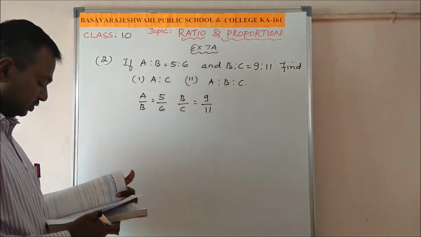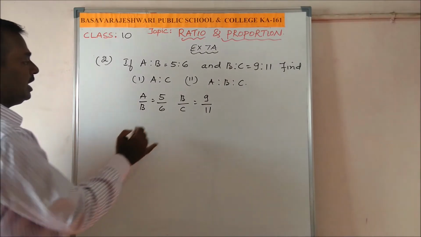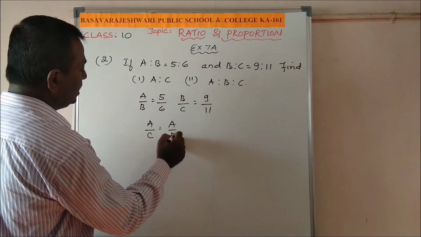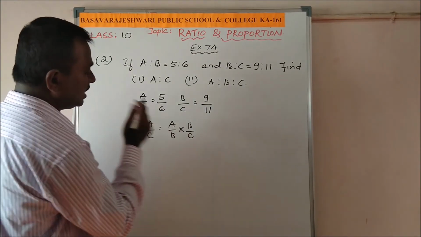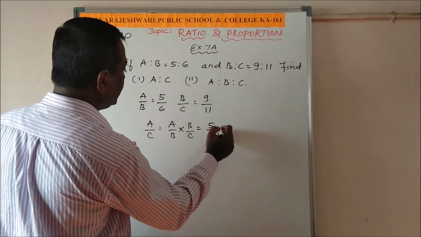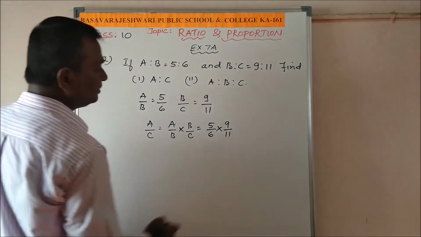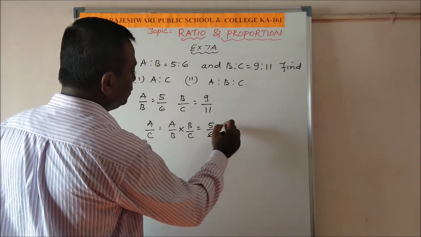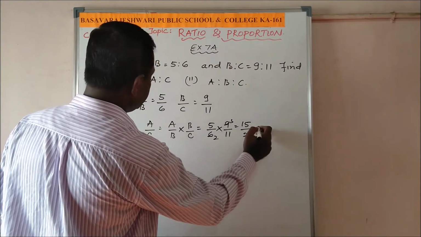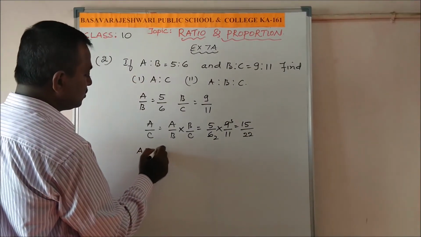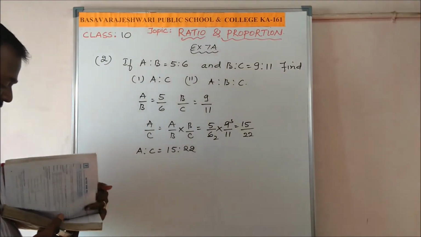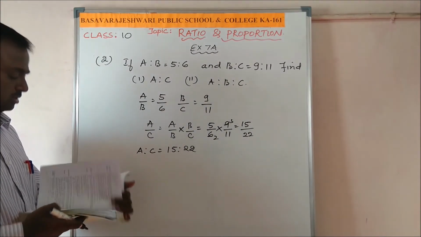Now A by C is equal to A by B into B by C, that is 5 by 6 into 9 by 11. So we can cancel here: 3 twos are 6, 3 threes are 9. 5 threes are 15 by 22. So A is to C is equal to 15 is to 22. That is the answer for the first question.